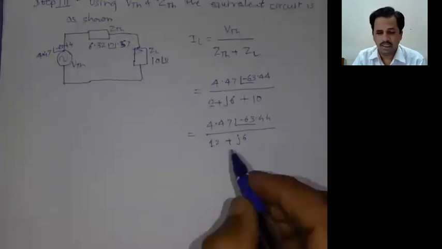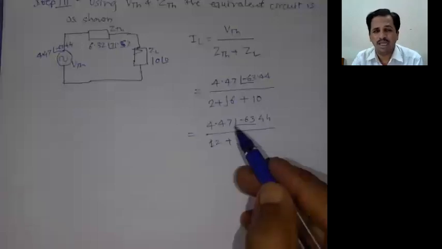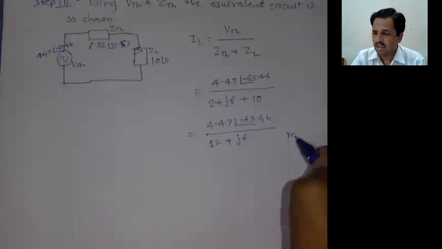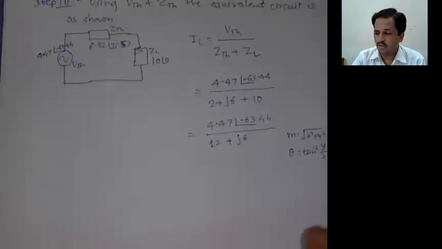Now this quantity must be represented in polar format, and it is obtained with m equal to square root of x square plus y square and theta equal to tan inverse of y upon x. By using this formula, you have to find that quantity.